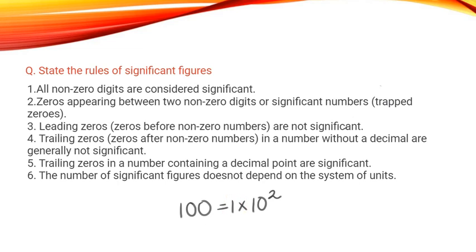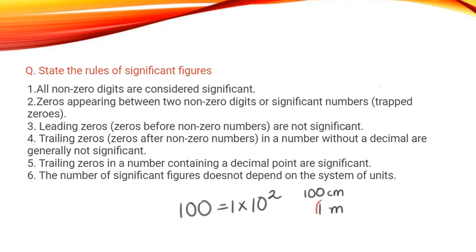Let's take an example. Suppose you have a 100 centimeter cloth. This is measured in which unit? Centimeter. Be careful. 100 centimeter. Now if I make the same measurement in meter, I'll write down 1 meter. Now are they different? No, they are the same measurement, only the difference is in the unit. One is in centimeter, one is in meter. So can you see the zeros behind this 1 are not relevant? Why? Because whatever this significant number tells us will be the ultimate value.